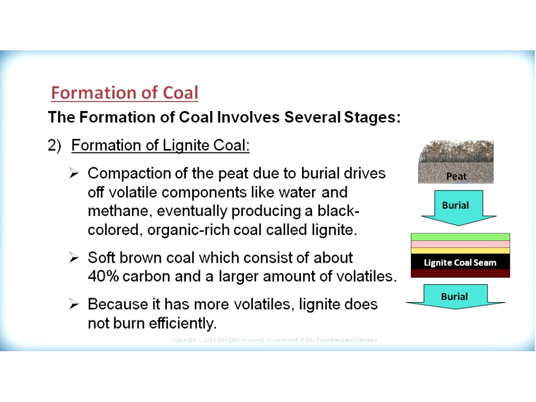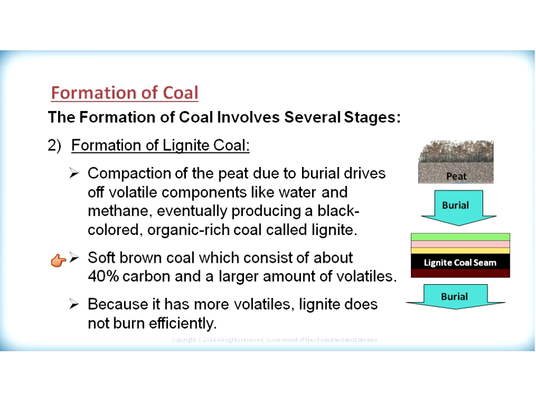In the second stage of coal formation, we form a soft-grade coal. This coal is called lignite coal. With the compaction of peat due to burial, this will drive off the volatile components like water and methane, eventually producing a black-colored organic-rich coal called lignite.